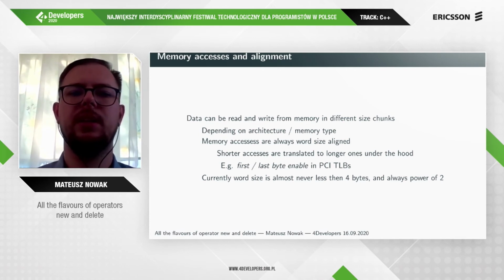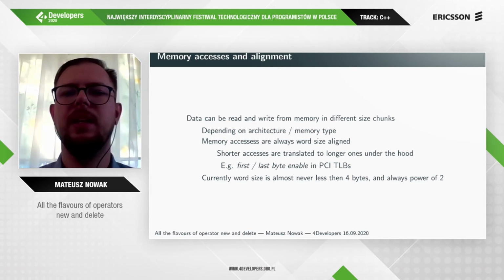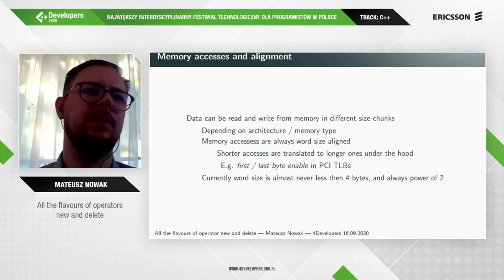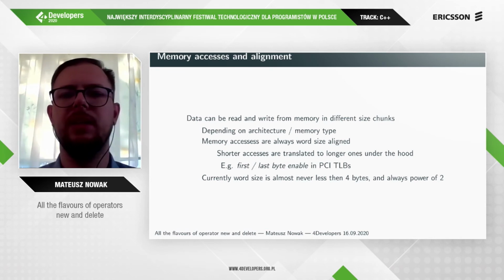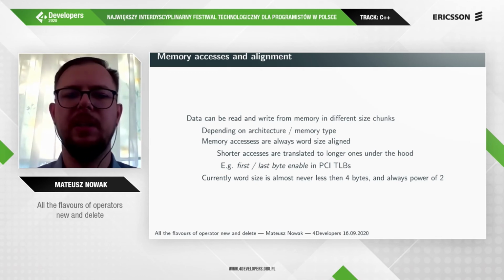Every architecture and memory type can have a different size of this chunk that is read or written. So, like for a 32-bit architecture, that will be 4 bytes. For a 64-bit architecture, that will be 8 bytes.